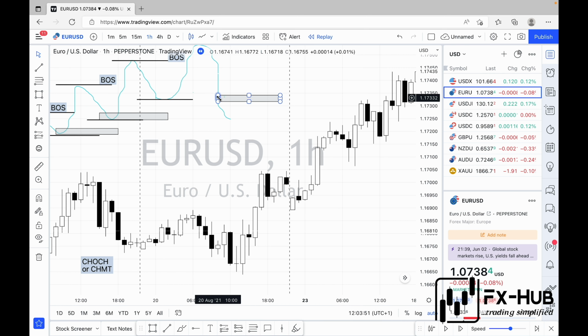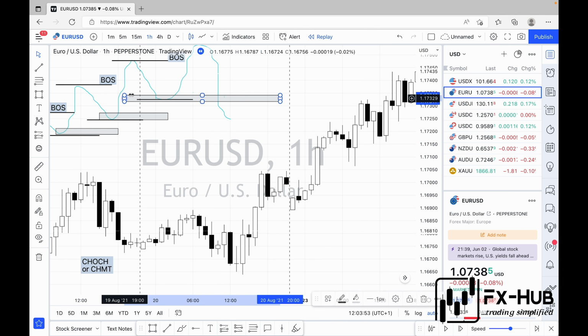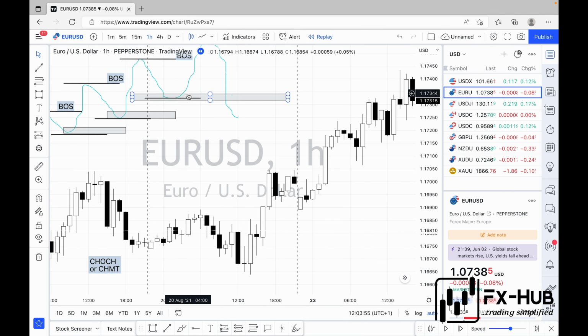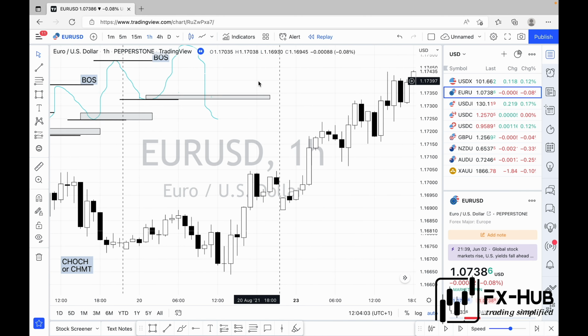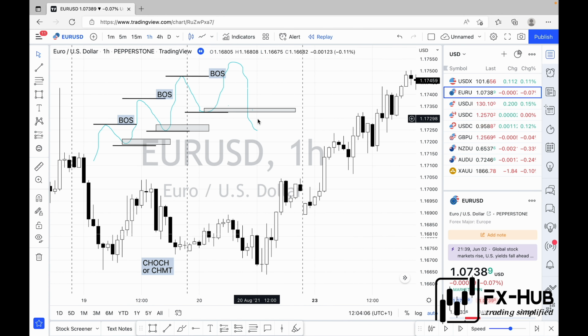Let me still take this out. If the market breaks through this level, it will be said that a change of character just occurred.